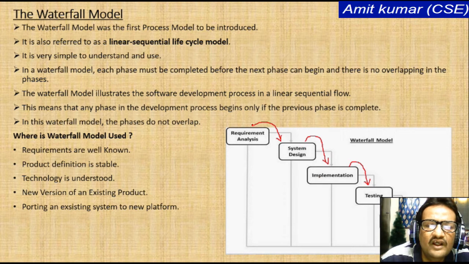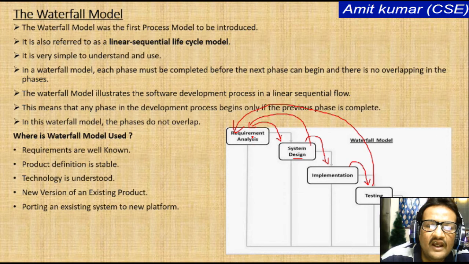Just like water falling downward never returns back above, similarly in the waterfall life cycle model, once a phase has ended, for example if the requirement analysis phase has ended and the system design phase has started, then we cannot loop back to the requirement analysis phase.